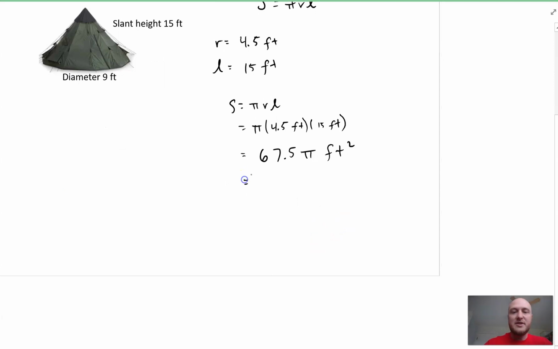There's your exact answer. Now go ahead and multiply in pi, and you get 212.1 square feet. And there you have it.